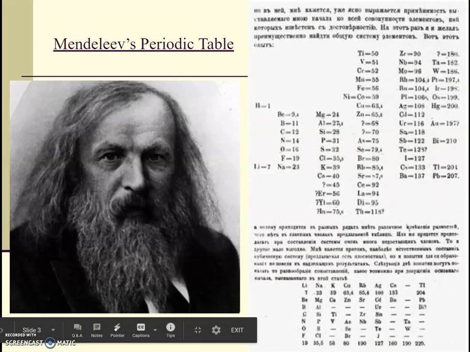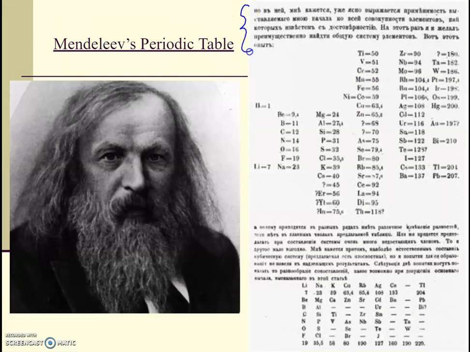So here is Mendeleev. Like I said, he was Russian, so everything is written with the Cyrillic alphabet. And hydrogen with a mass of 1 went first. Lithium with a mass of 7 went next. Helium wasn't discovered yet. Then we have beryllium 9.4, which in Russian and in European countries they use commas for decimals, which is very annoying.